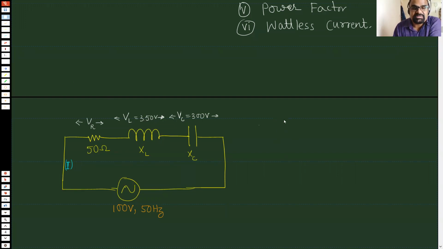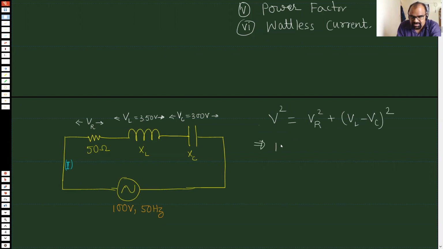Okay, so first thing we will do is, we know that V square is VR square plus (VL minus VC) whole square. Here I'm not writing square, I have taken under root, but I can use the square term. So V square is equal to VR square plus (VL minus VC) whole square.